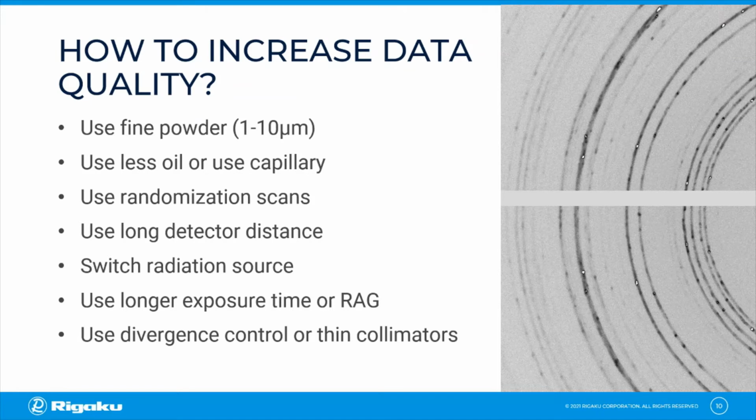If your sample is strongly absorbing on your copper source or very weakly diffracting on your molybdenum source, it might be worthwhile to change the radiation type. In order to prevent overlap of the powder rings, you can move the detector to a long distance beyond the 10 centimeters, or you can employ the divergence control of your system, or if you do not have this, you can use very thin collimators.